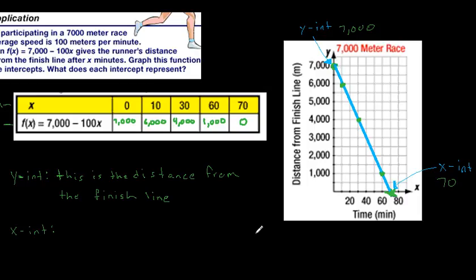So the x-intercept is the time when the runner reaches the finish line.